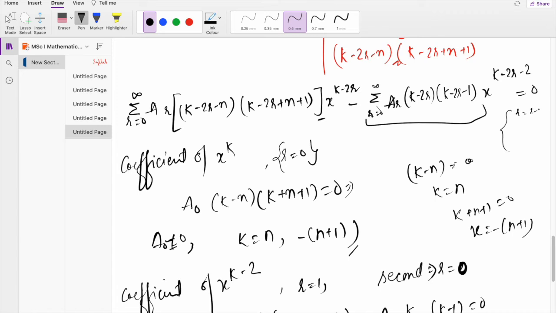If I put r equals r minus 1, this will give me k minus 2r minus 1 minus 2, so k minus 2r plus 2 minus 2 cancel out, which gives k minus 2r.